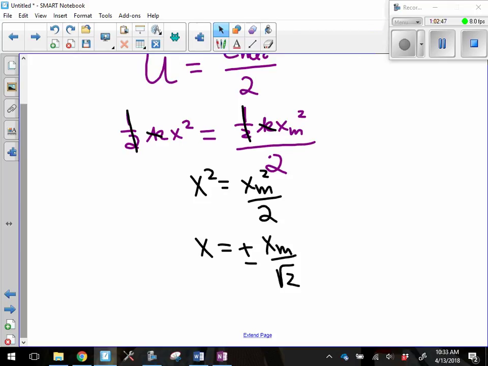But don't forget the plus or minus. Because remember that the spring doesn't care whether I've compressed it xm over radical 2 or stretched it by xm over radical 2. It's got the same amount of energy in there.